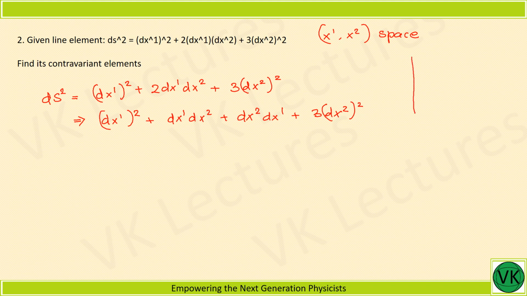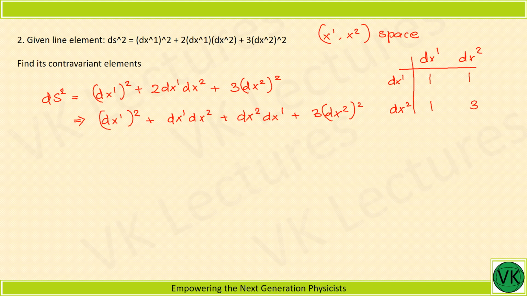Now we need to have the matrix. This is called the coefficient matrix, with rows and columns dx1, dx2, and we need to write down the matrix. The coefficient of dx1 squared is 1, the off-diagonal entries are 1 and 1, and the coefficient of dx2 squared is 3.